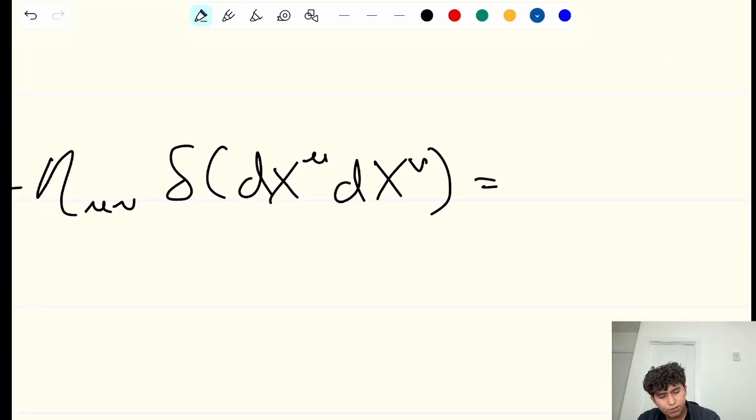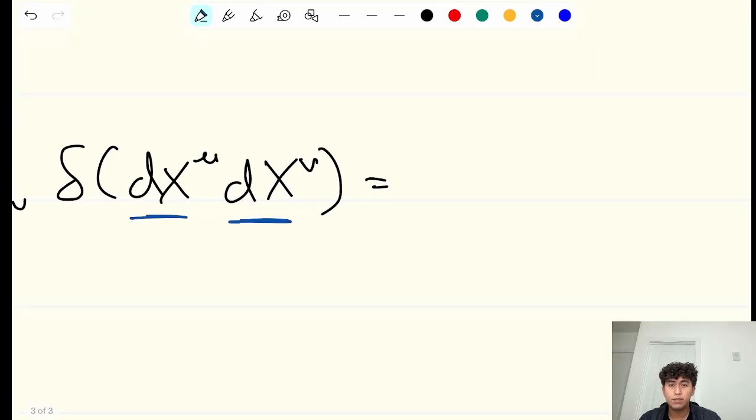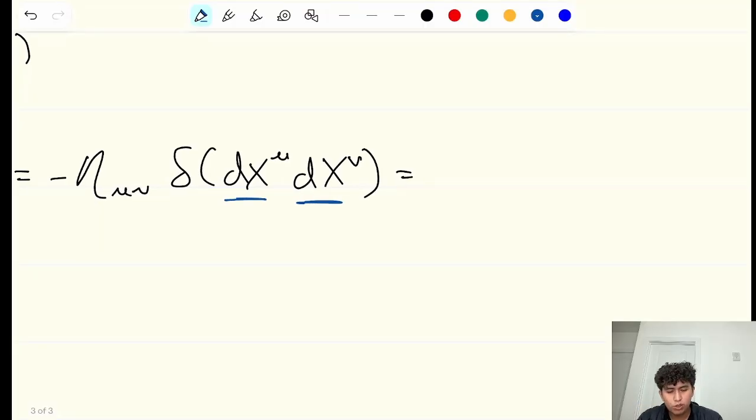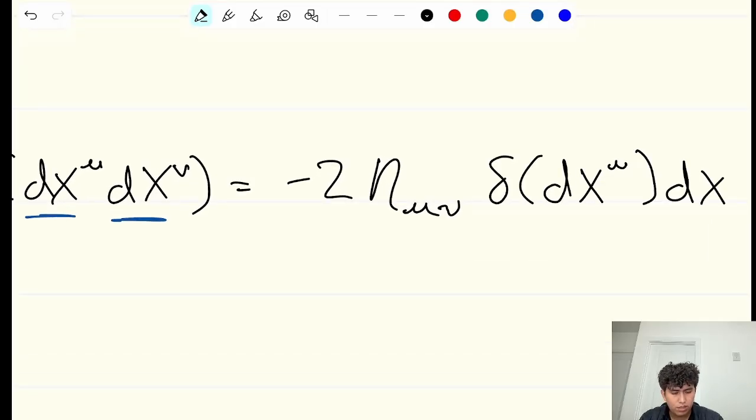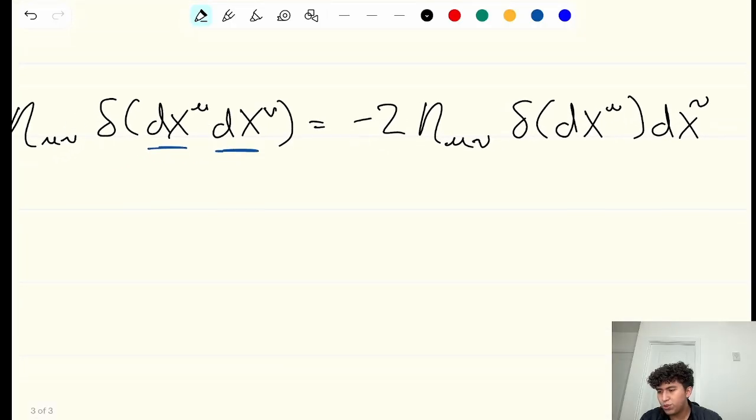As you can see from here, we're going to get two terms, but the terms are the same with different labels. So by symmetry, we're just adding them. So you're going to get a 2 in front, minus the metric, differential of this. And that's something you're going to have to show in your homework.